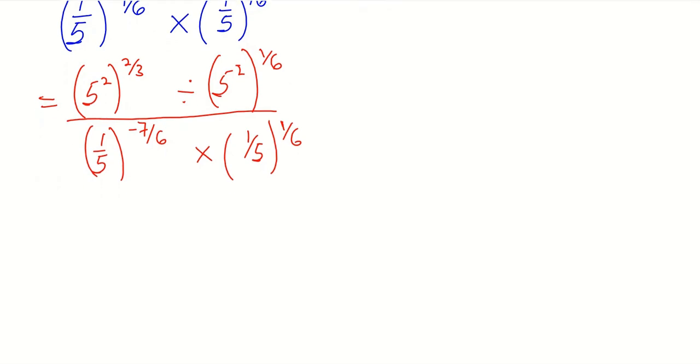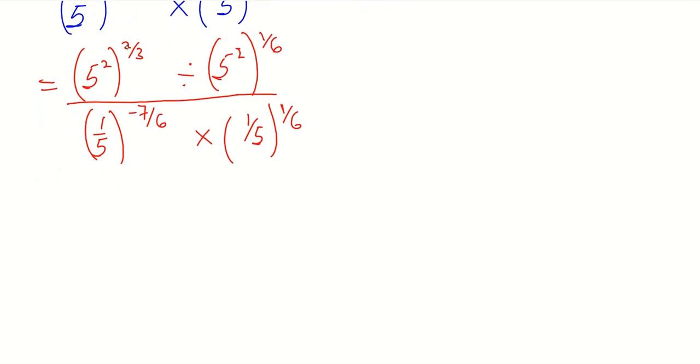With this idea, we can multiply the exponents. So we have 5, and 2 times 2 out of 3 is 4 out of 3. Then divided by, 2 times 1 out of 6 is 2 out of 6. So divided by 1 out of 5.